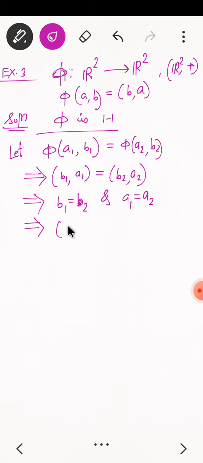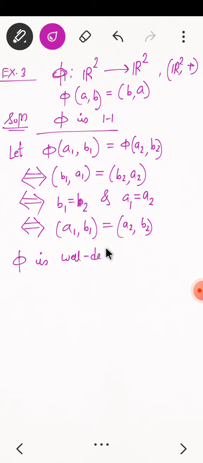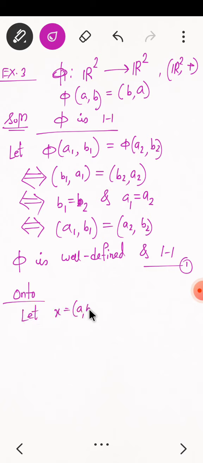So the pair (a1, b1) is equal to (a2, b2). Conversely, we get this. So we say that phi is well defined and one-one. Now we prove phi is onto. For that, let x equal (a, b) belonging to R2 be any arbitrary element.